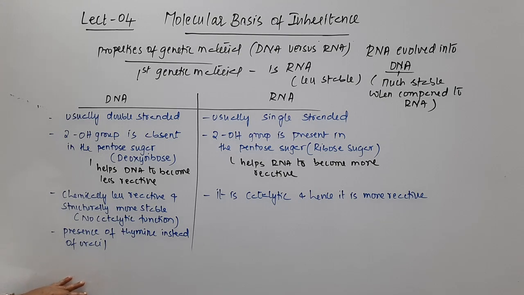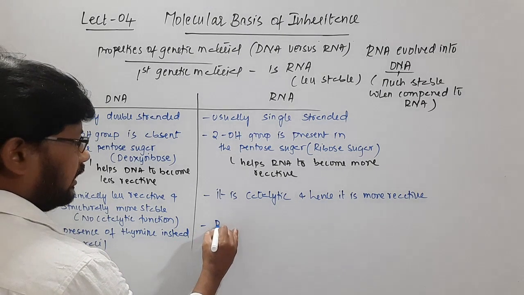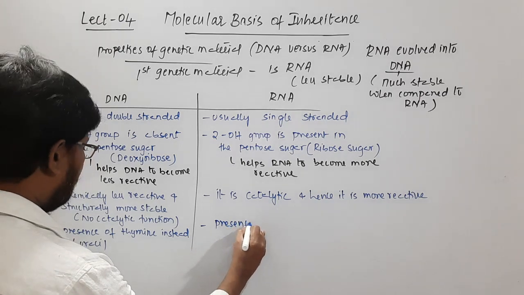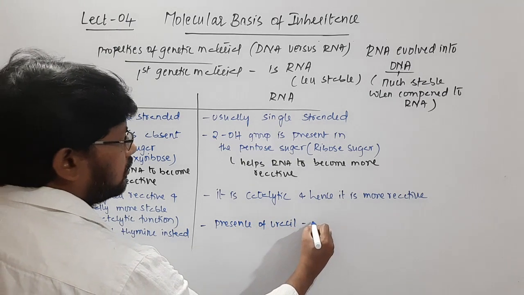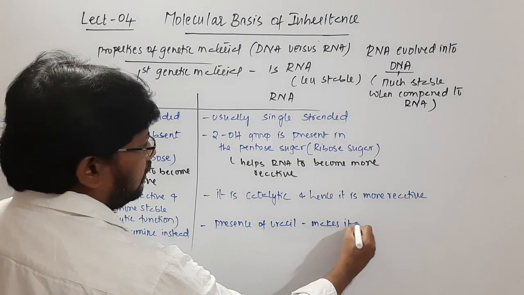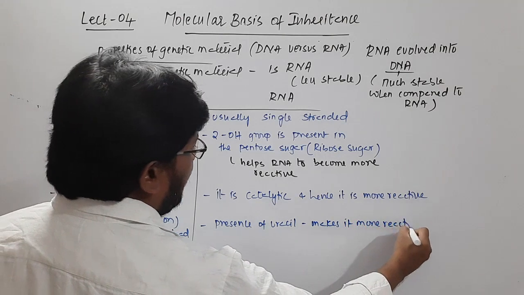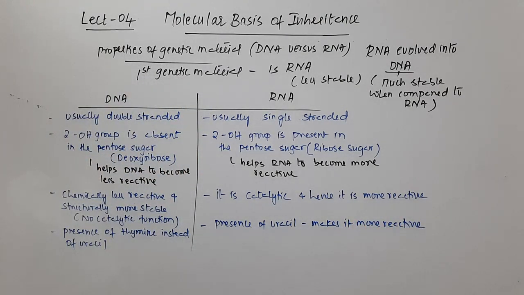In the RNA there is presence of uracil, and this also makes it more reactive. We know that uracil undergoes modification by addition of a methyl group at the fifth position, and it became thymine. That's why I mentioned in our earlier sessions thymine as 5-methyl uracil.